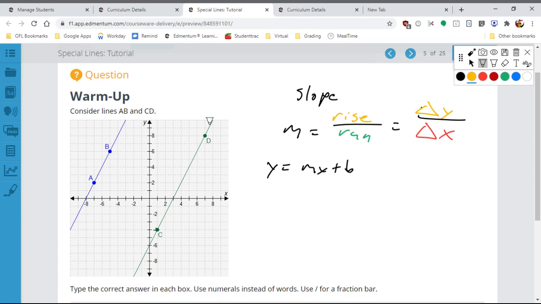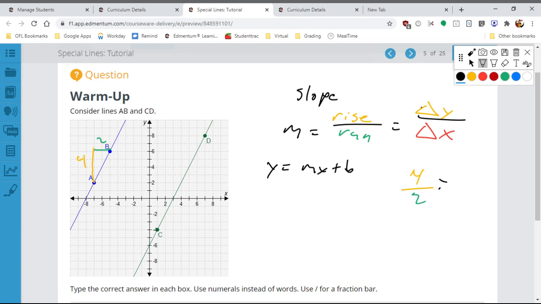So let's take a look at this one. Our rise here, if we're starting off at 2 and we're going to go up all the way to 6, we rose 4. And then we ran 2. So then our rise over run, our slope, is 4 divided by 2.